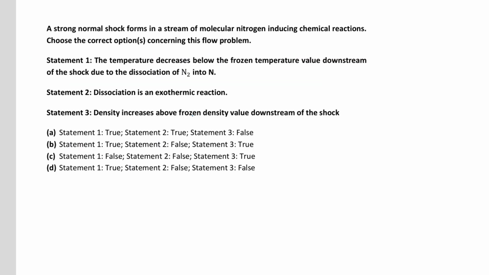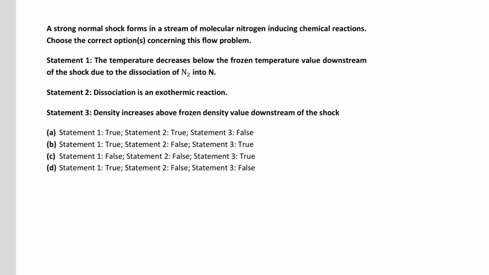Now we will see the next problem. A strong normal shock forms in a stream of molecular nitrogen inducing chemical reactions. Choose the correct option or options concerning this flow problem. Statement 1.